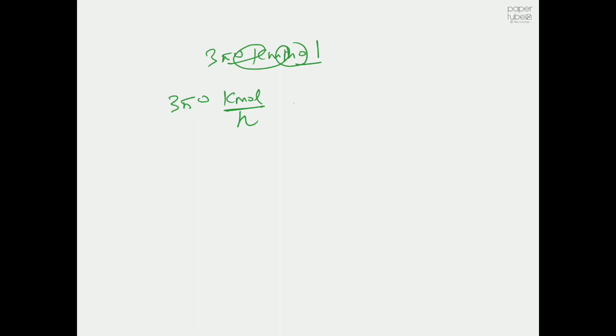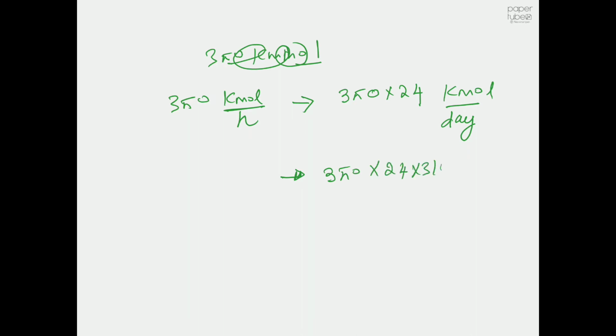350 kilomoles per hour. So you can convert this into kilomole per day by multiplying by 350 multiplied by 24, and then multiply this by 350 multiplied by 24 multiplied by 310 for kilomole per year.